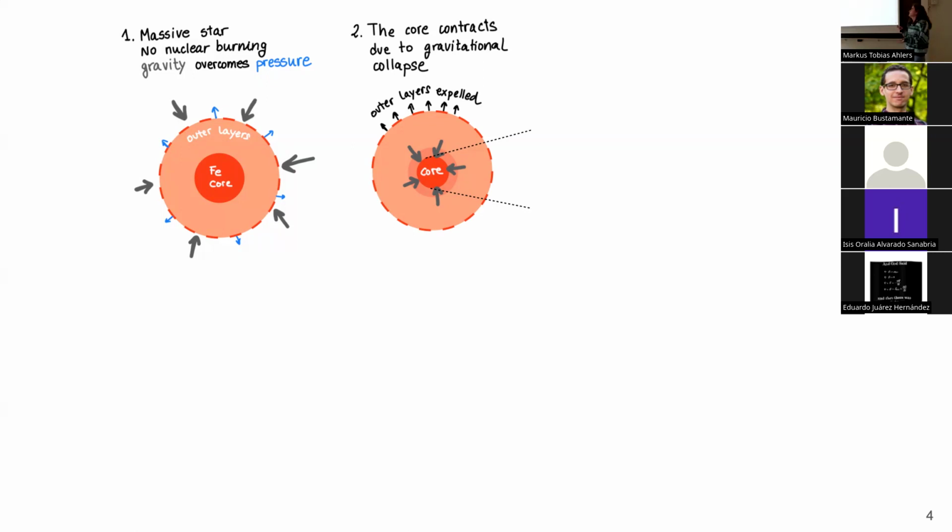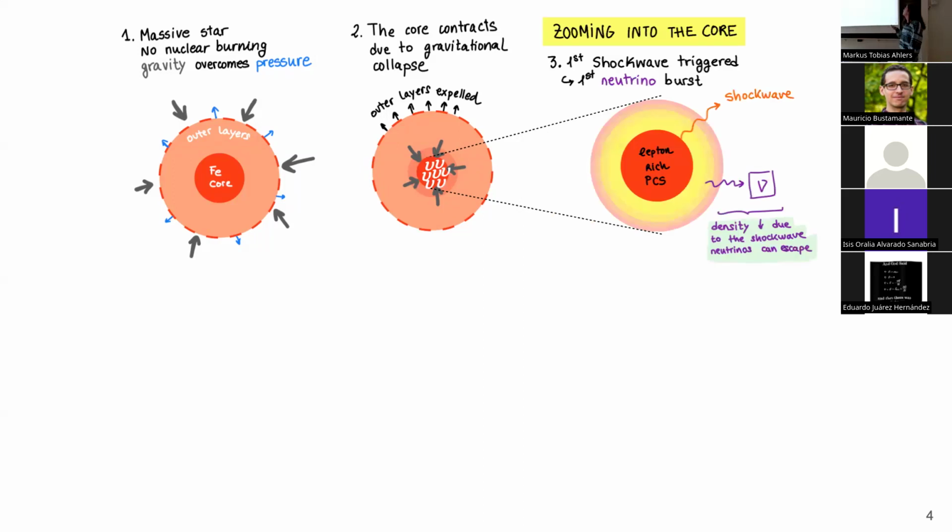Here, the densities in the core are so high that neutrinos get trapped, interacting in the core, because their interaction length is lower than the radius of the core. So here we have a regular collapse of the supernova.